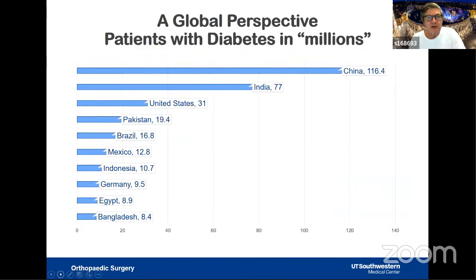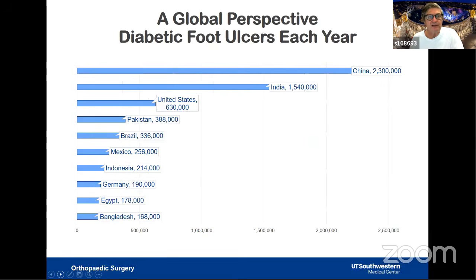Now, last week I talked about diabetic foot ulcers and I used this same slide. If you look at the global perspective in patients with diabetes in millions, you can see that China, India, United States, Pakistan, Brazil, Mexico, Indonesia, Germany, Egypt, and Bangladesh are the most common, and they have a large portion of patients with diabetes. And again, I showed this slide that diabetic foot ulcers occur in about 2% of patients per year.